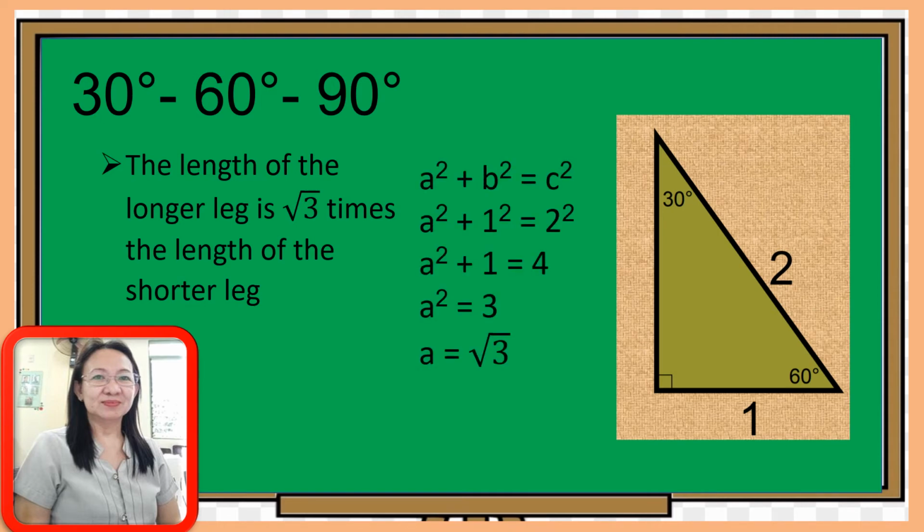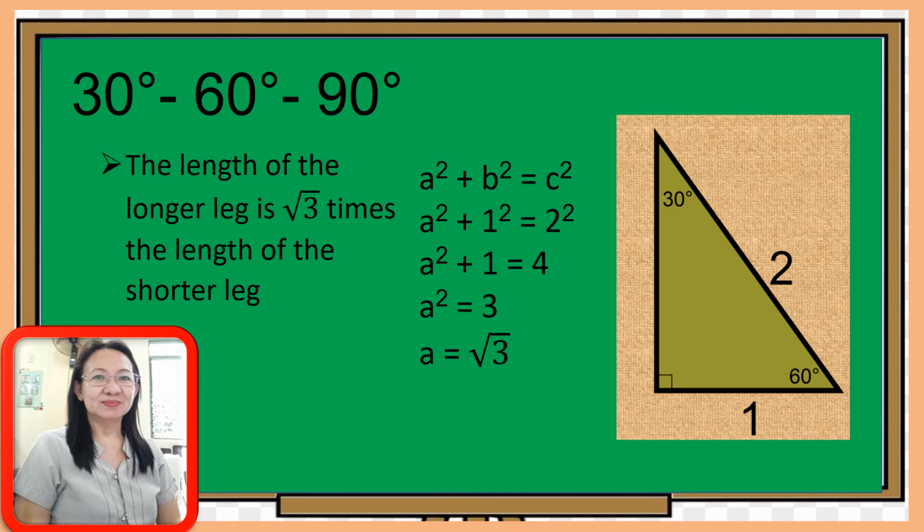We can use this illustration such that a squared plus b squared is equal to c squared as illustrated in our Pythagorean Theorem. Then by substitution, a squared plus the base, which is 1 squared, is equal to the hypotenuse, which is 2 squared.